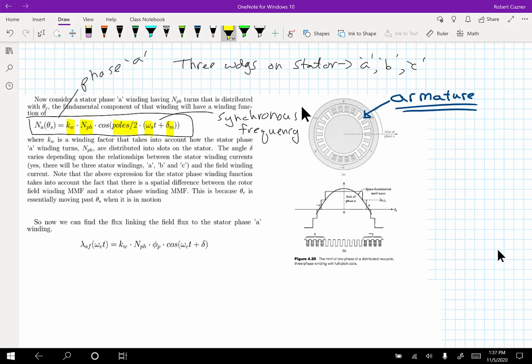And really, I'm reflecting all of these things simply using a winding function.